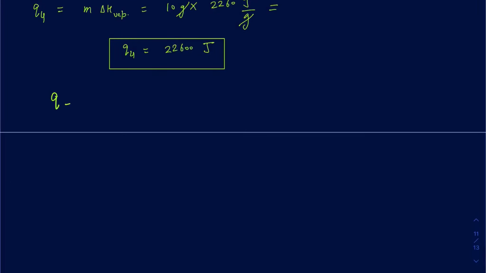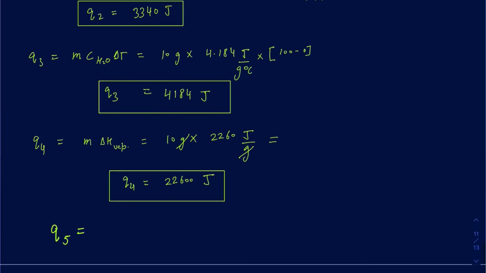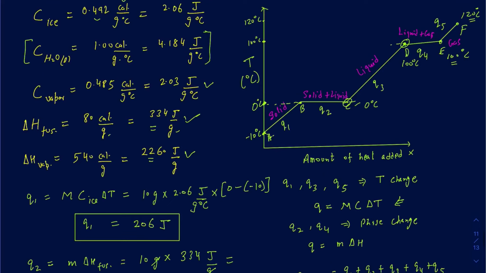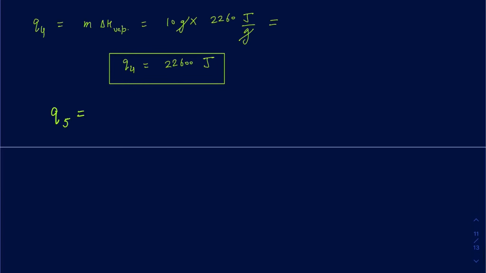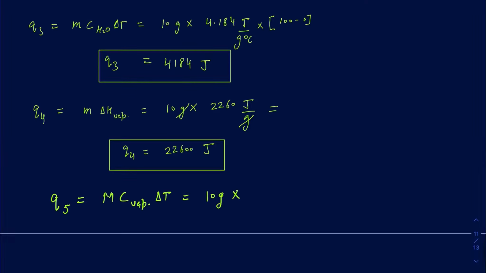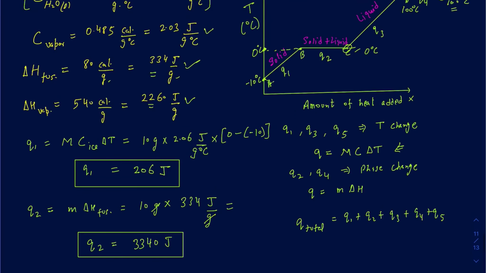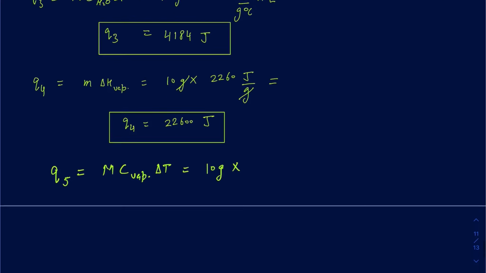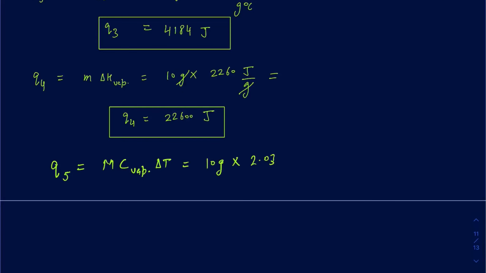So it's the specific heat capacity of the vapor, 2.03 joules per gram degree Celsius, times the mass of 10 grams, times a change in temperature of 120 minus 100, or 20 degrees Celsius.